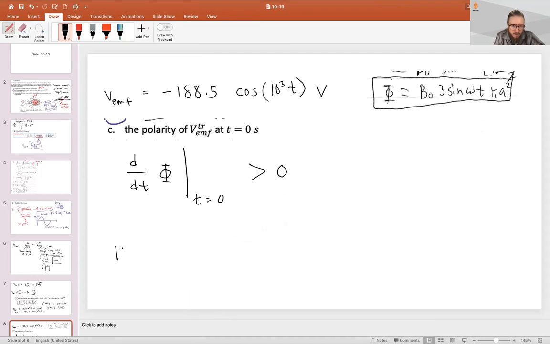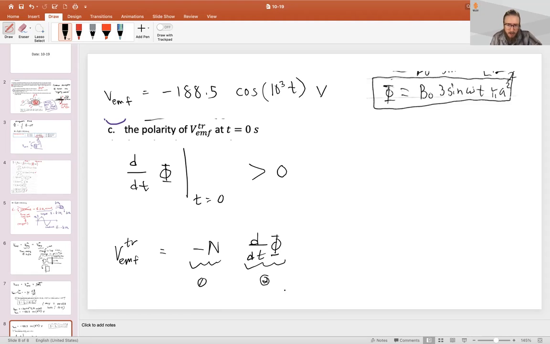And so then if we consider the EMF, we have two parts, part 1 and part 2.